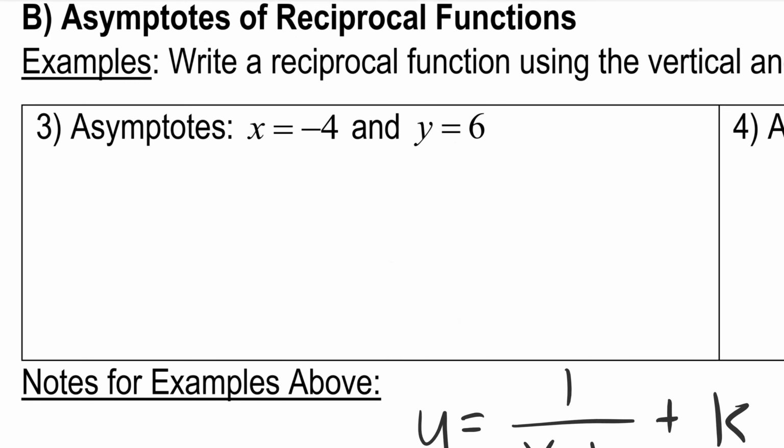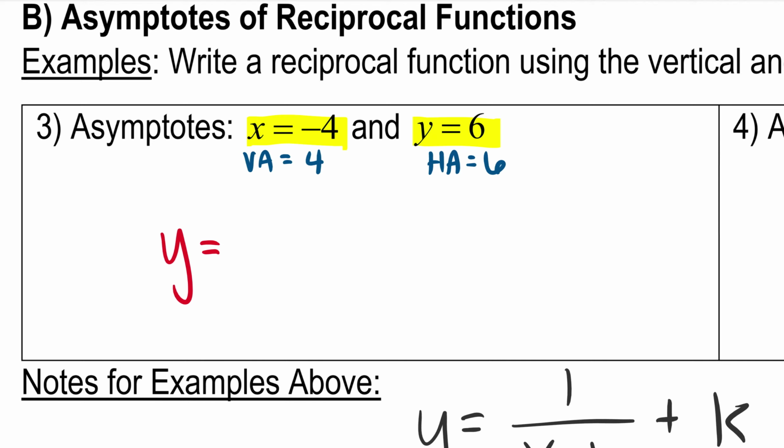So let's go here. So again, I'm always going to start with y equals when it wants me to write a function. And I have x equals -4 and y equals 6. So the x you always want to change. So my VA is 4, HA is 6.